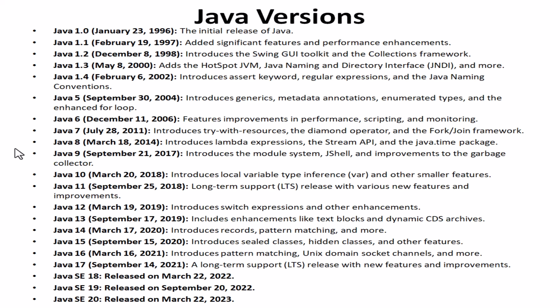Java 1.0 was introduced on January 23, 1996, 1.1 in 1997, 1.2 in 1998, 1.3 in 2000, 1.4 in 2002, Java 5 in 2004, Java 6 in 2006, Java 7 in 2011, Java 8 in 2014, Java 9 in 2017, Java 10 in 2018, Java 11 in 2018, Java 12 in 2019, 13 in 2019, 14 in 2020, 15 in 2020, 16 in 2021, 17 in 2021, 18 in 2022, 19 also in 2022, and 20 was released in March 2023.